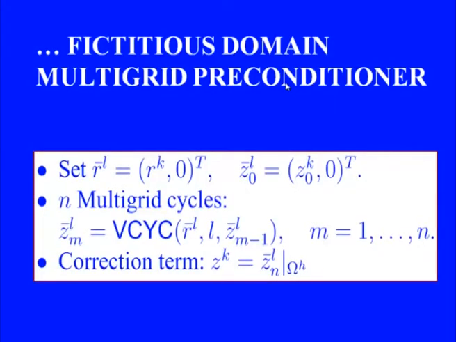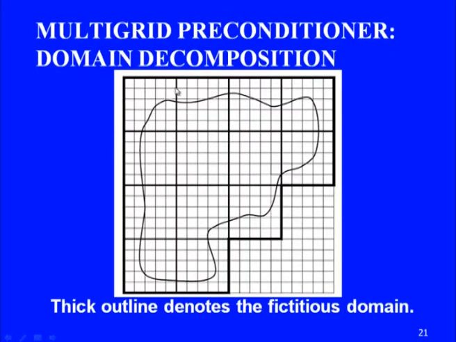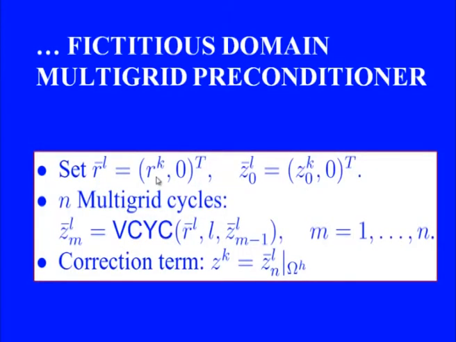So, what we basically do is we have got a residual. To get the residual vector at each node which may not be part of our actual domain, like these outer nodes, we simply set the residual value to be 0. So, a 0 extension of our residual vector Rk, let us say in our PCG. Extend it by adding zeros to get this residual term for multigrid.